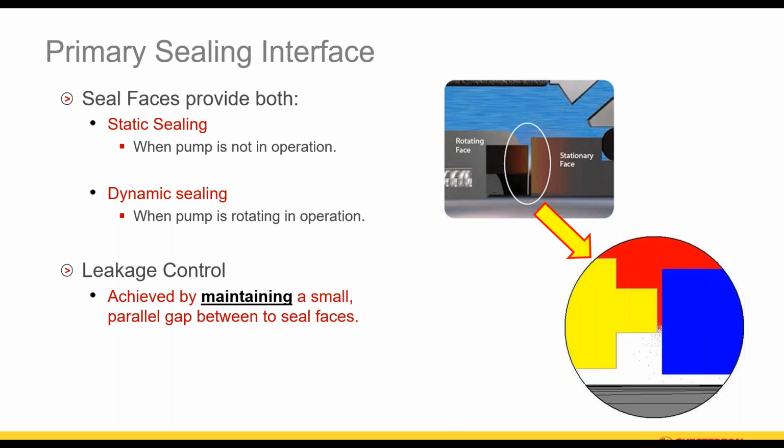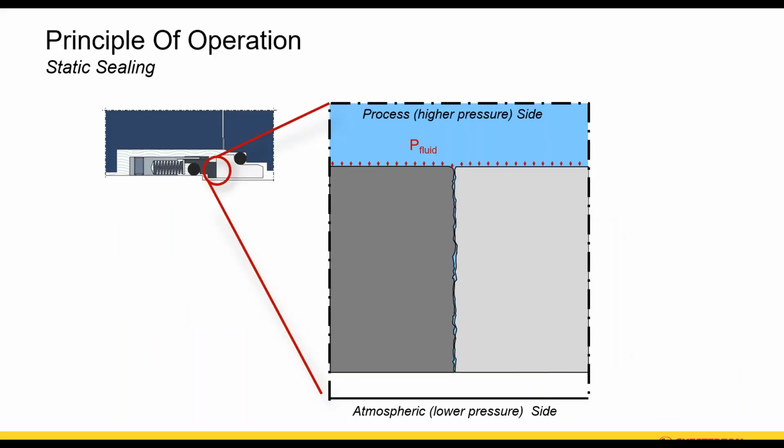And again, we're talking about leakage control, and this is achieved by maintaining a small parallel gap between those two seal faces. To give you a better understanding of this, we look at this graphic, and in a static sealing position, there's no rotation yet. The two seal faces are being pushed together, held together by the spring.